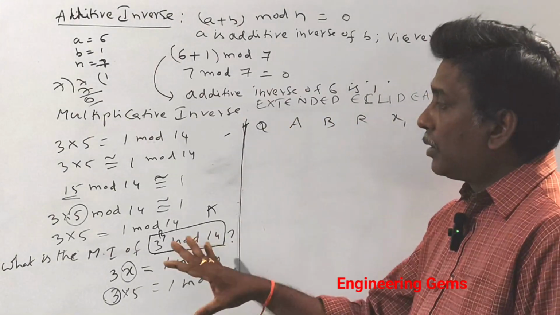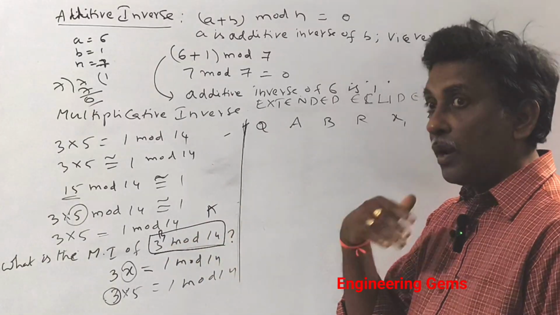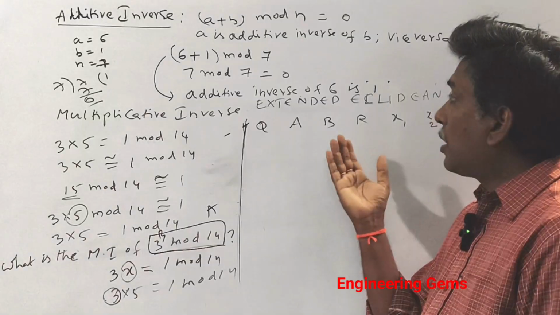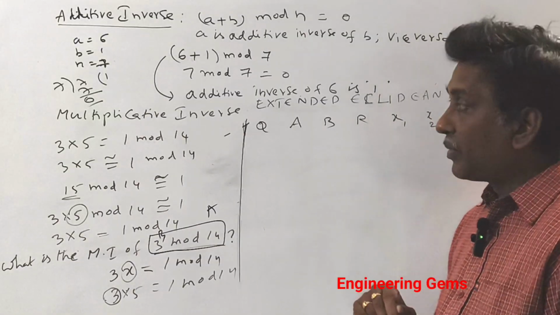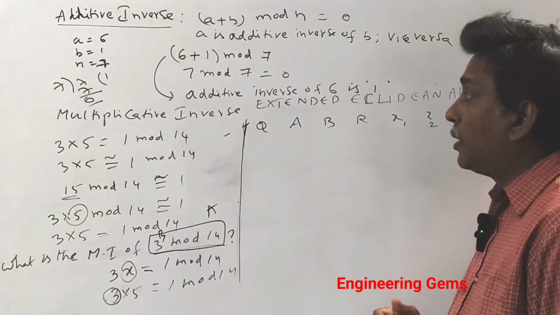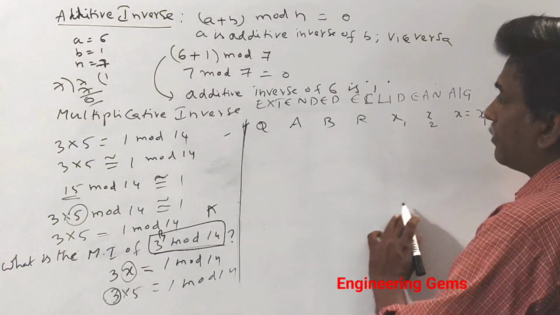It is a simple solution, but for large values, the extended Euclidean algorithm is the only choice we have. That's why we can solve the multiplicative inverse for long numbers using the extended Euclidean algorithm.